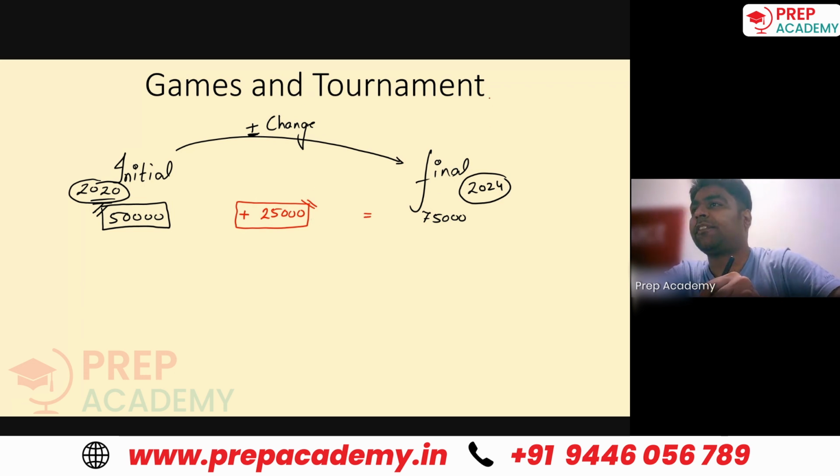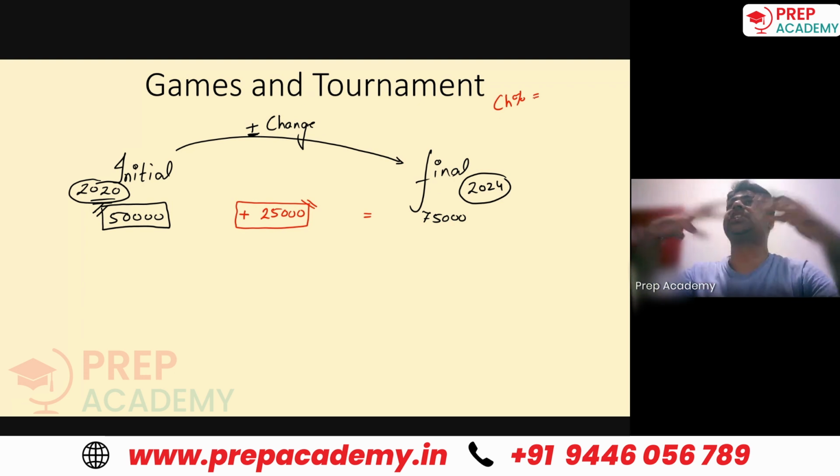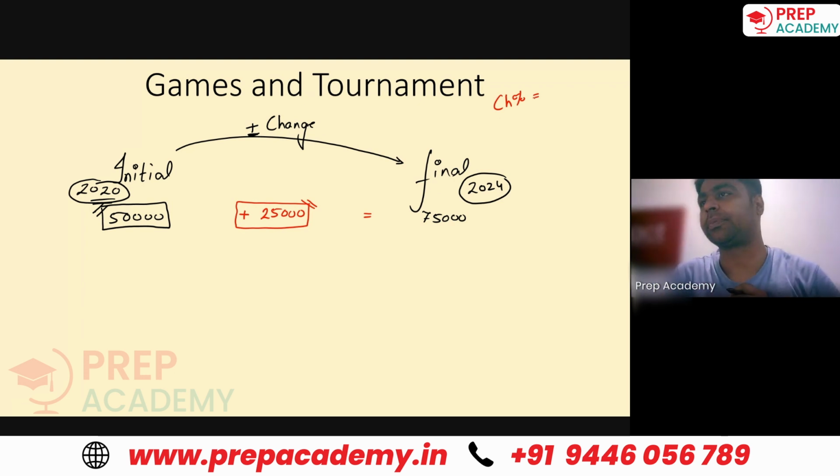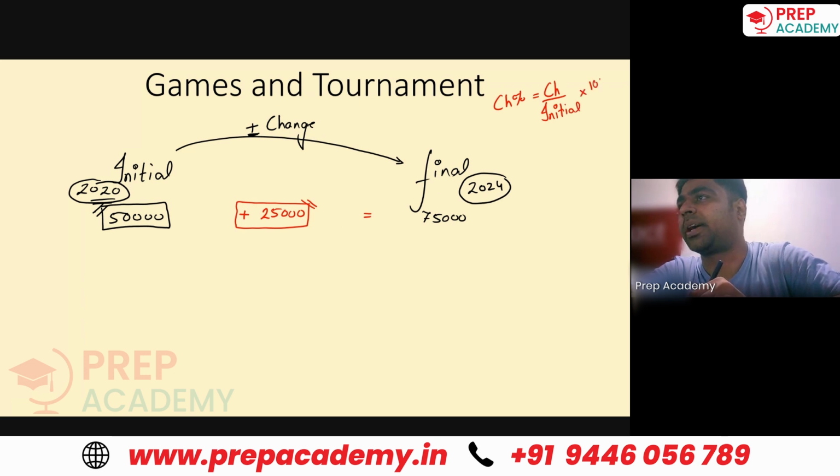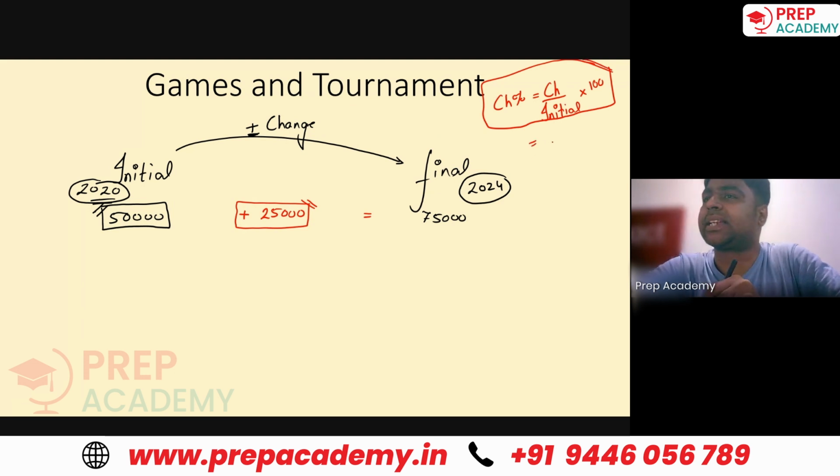Now, if I have to get an idea of what this money means to me, or what is the percentage change that came about, the change percentage is always the change when compared with the initial value, multiplied by 100. So what is the percentage change?